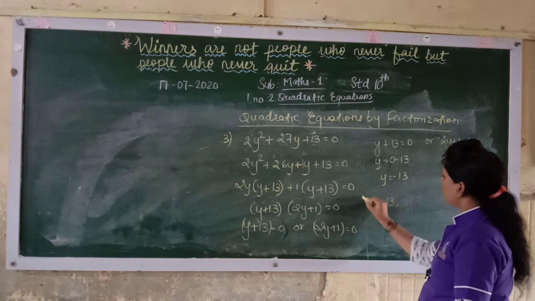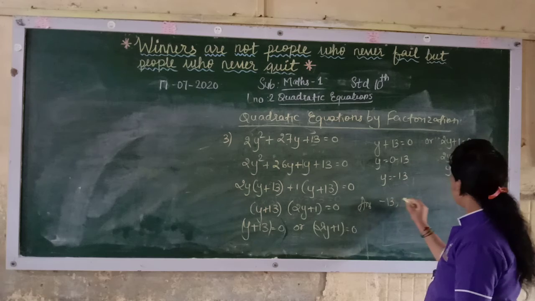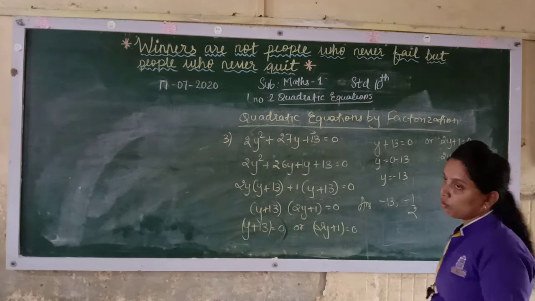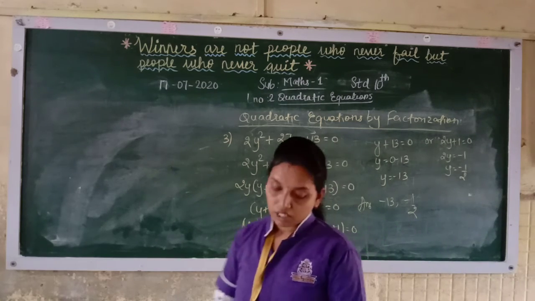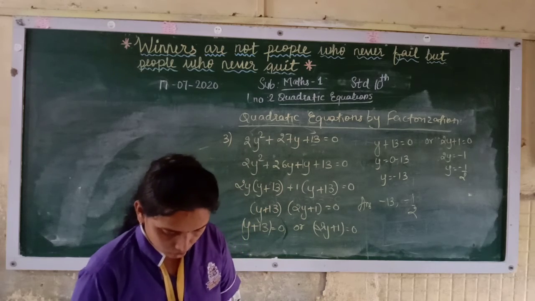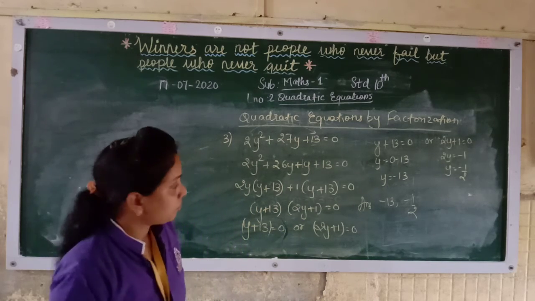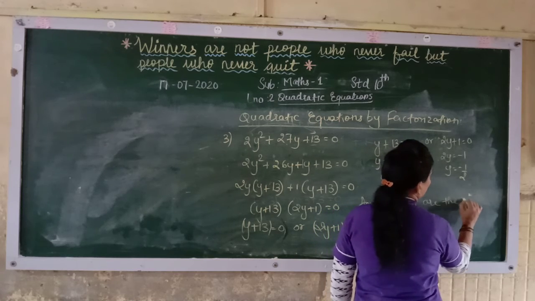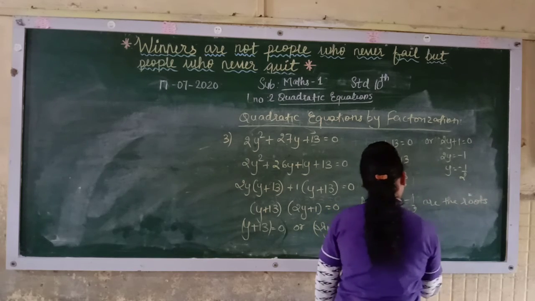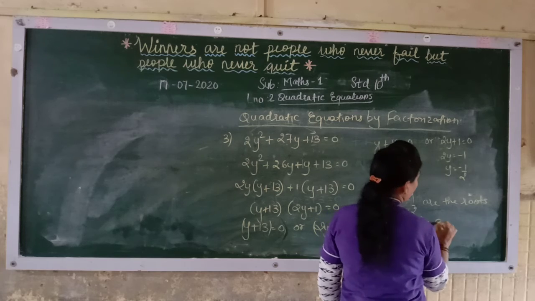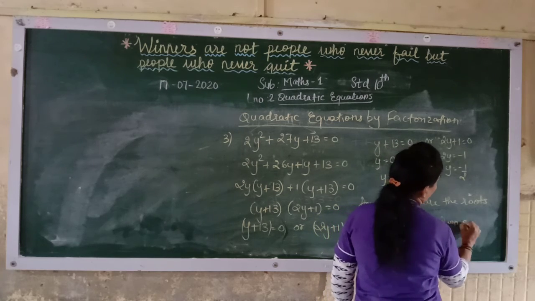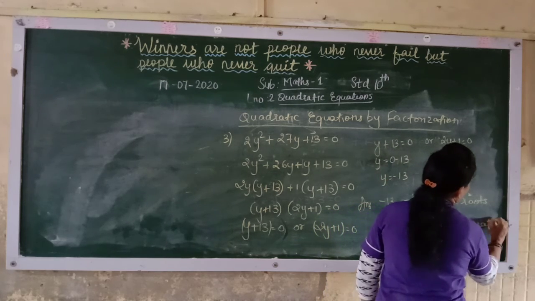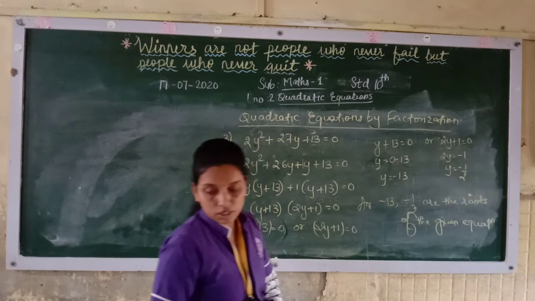The final answer: minus 13 and minus 1 by 2 are the roots of the given equation. So I hope you have understood this.